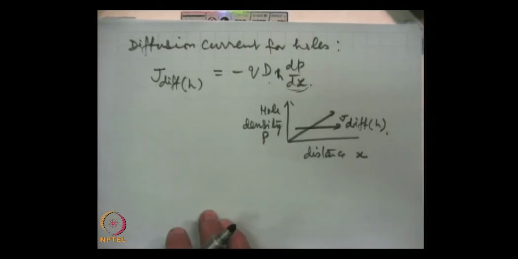Current flows in the direction of holes, and of course, hole movement, because of the opposite charge, is in the opposite direction to the movement of electrons.